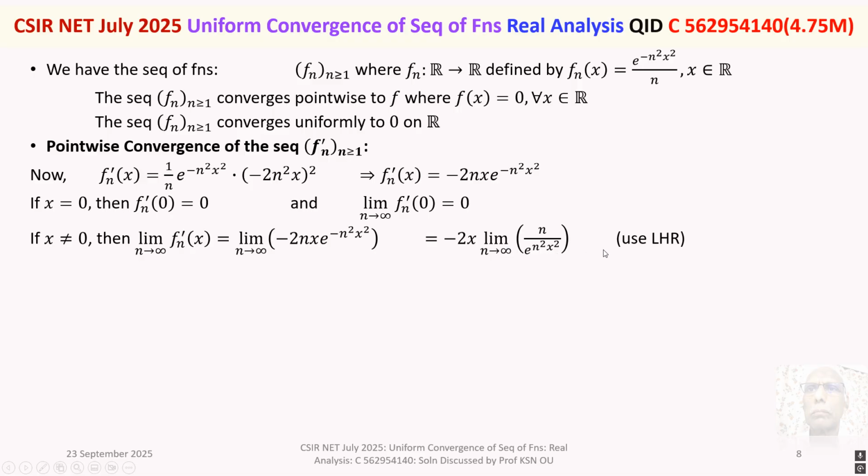As n tends to infinity, this is of infinity by infinity form, which is an indeterminate form. Use L'Hopital's rule.